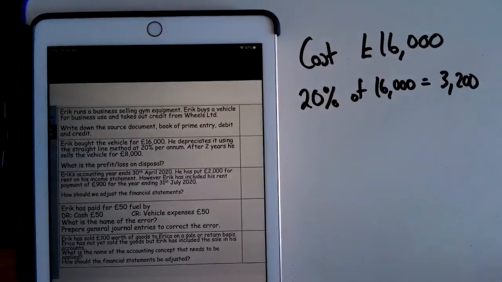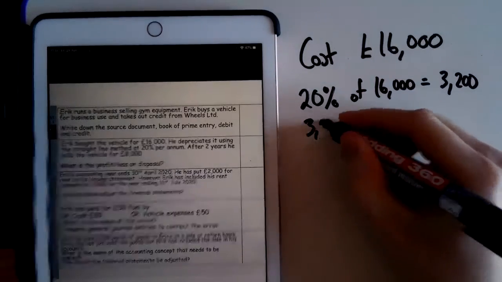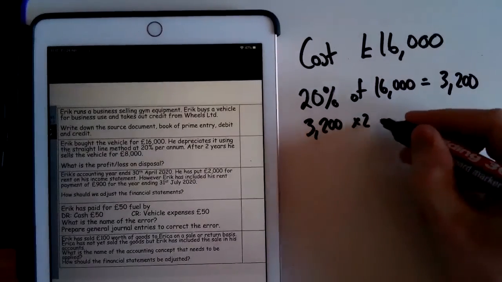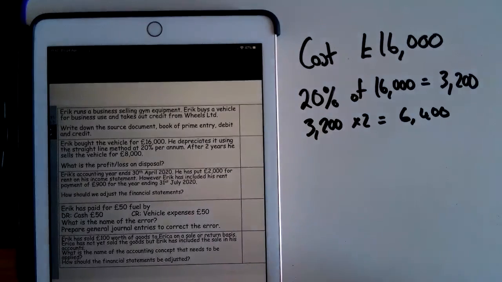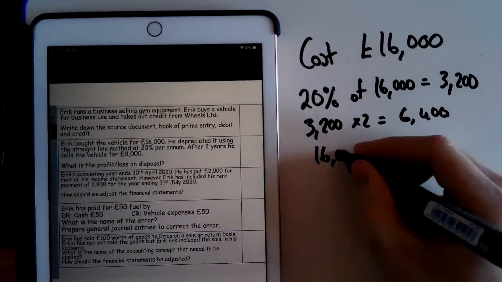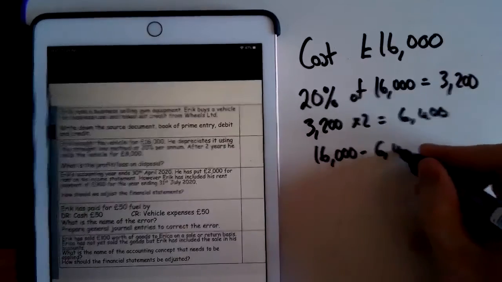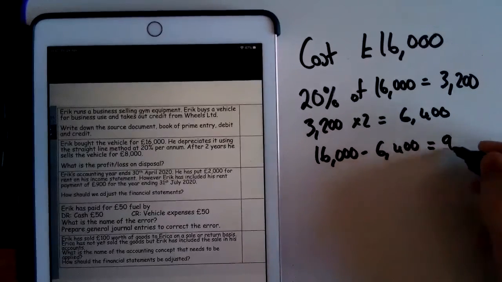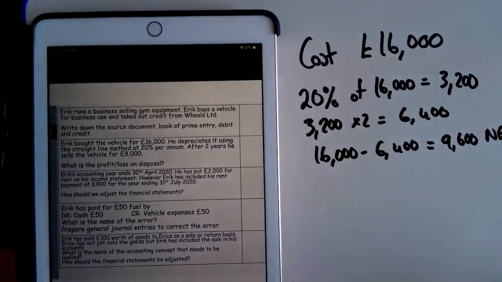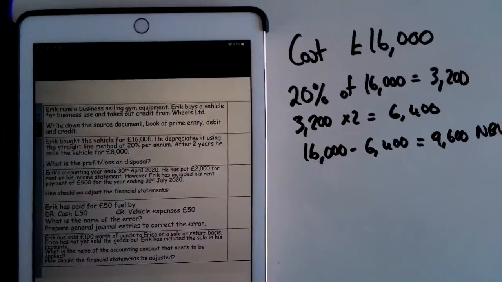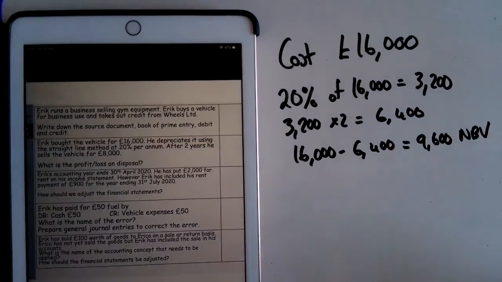So that's how much depreciation it is a year. Times that by 2 to get 2 years. £6,400 depreciation altogether. Then take it away from the cost. So 9,600, and that's our net book value. So that's how much the vehicle's worth now.